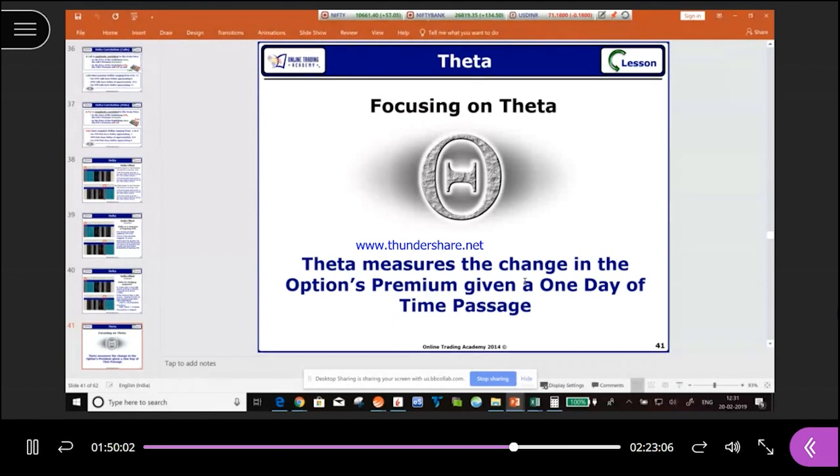Yes, it is always going to be minus. You're always going to reduce it. What is 1 day nearer to expiry, Mr. Suresh?